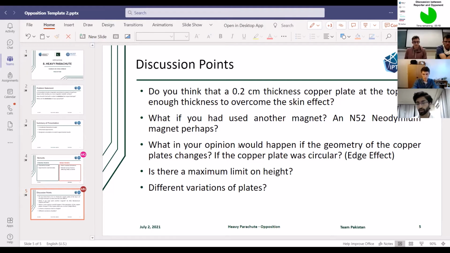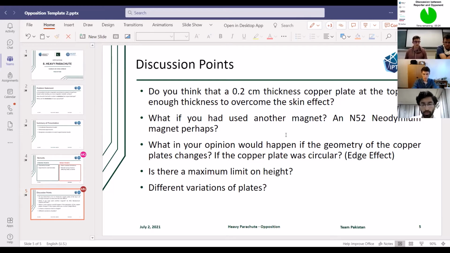Right. Okay. I guess it's something we can test, and it can be an improvement to this particular model, where we get multiple different plates and perform this experiment in real life, so that we can make a proper conclusion. Okay, right, that's great.